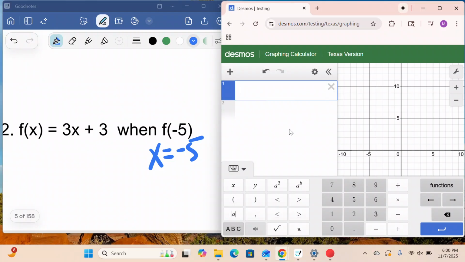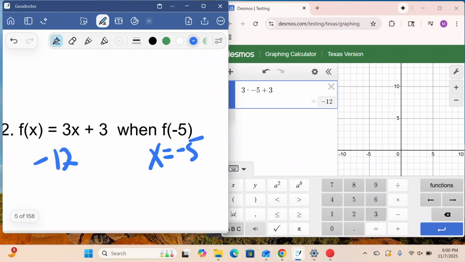I am going to put 3 times negative 5, with a minus 5 right here, and then plus 3. So you get the function value as being negative 12. And that is your answer.